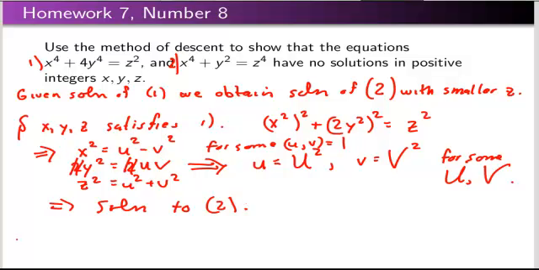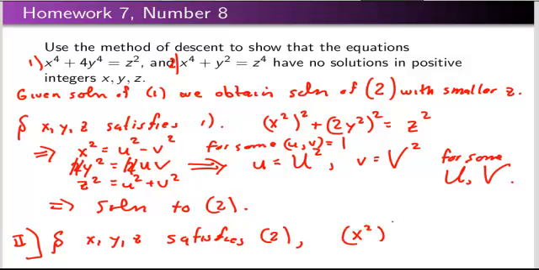And then part 2, given a solution of 2, we need a solution of 1. So you say suppose x, y, z satisfies 2. Well, this time we have, once again, a Pythagorean triple.